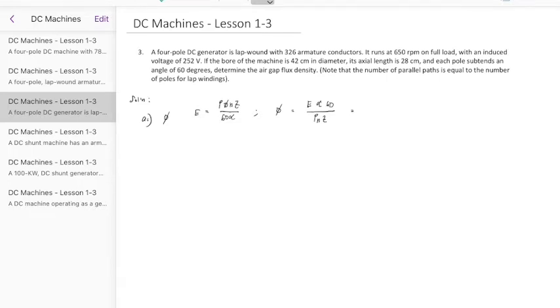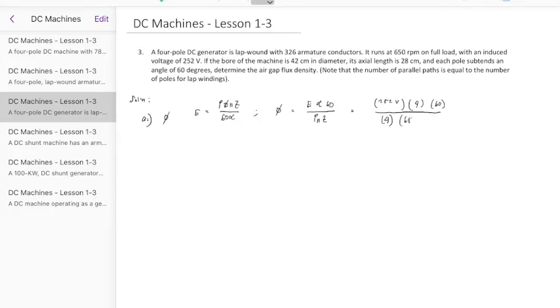So ito ang induced voltage is 252 volts. Parallel path is 4. Number of poles 4.